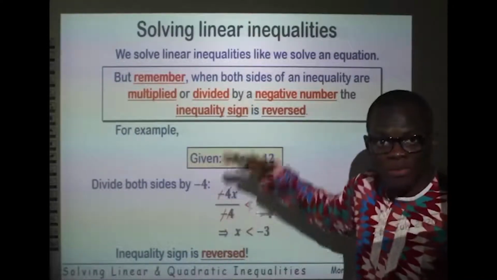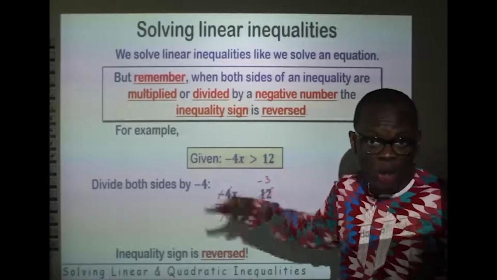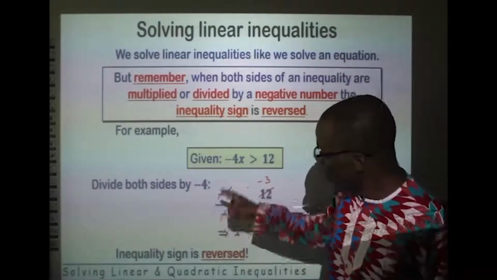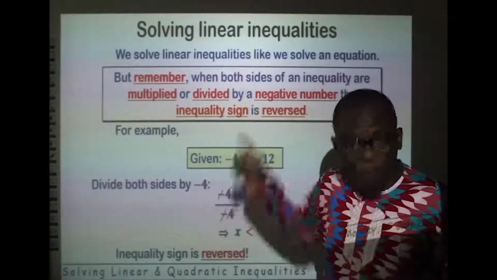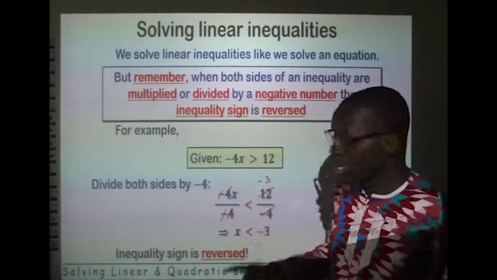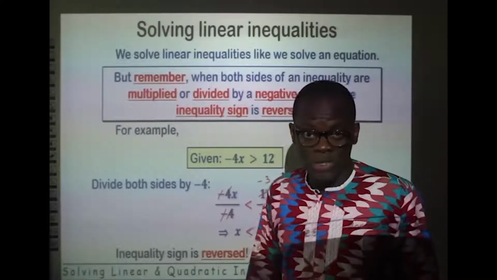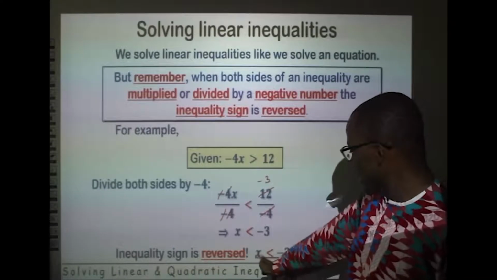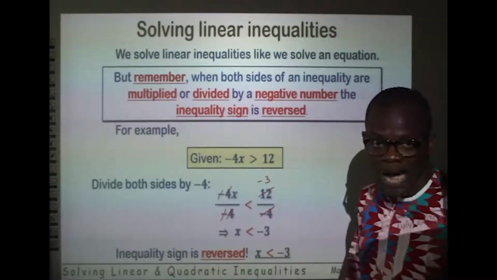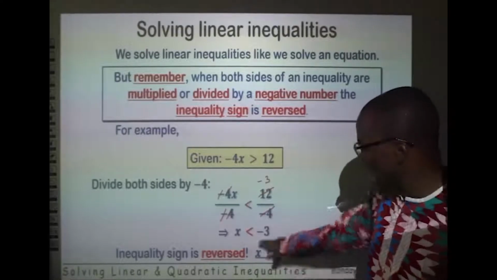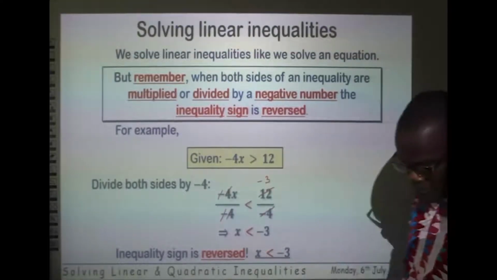Everything else will be as you normally would when solving any given equation, but when you divide or multiply by a negative number, that will automatically change the inequality sign. So, as you can see here, x is now less than minus 3.